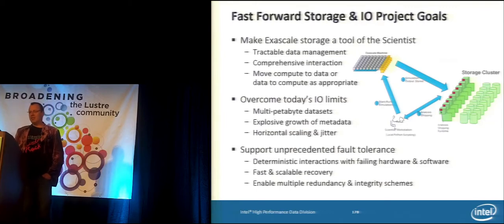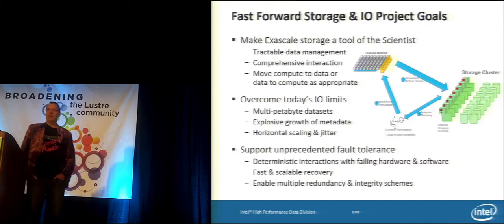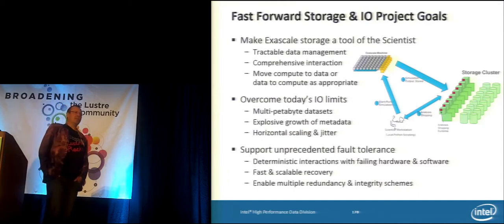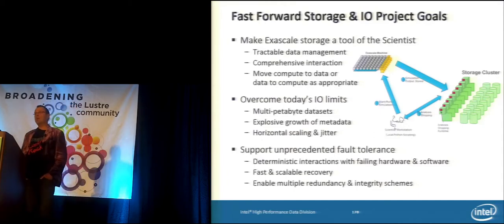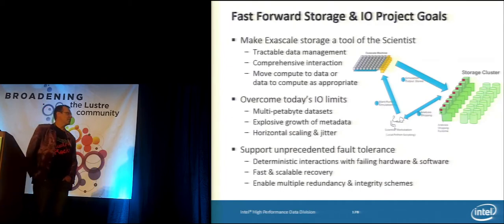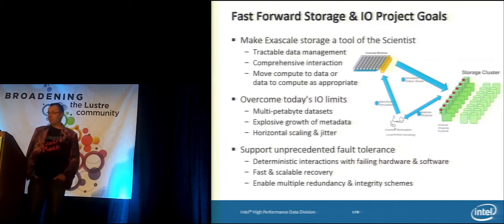So in order to produce a scalable I/O system, we have to find ways of eliminating, or at least ameliorating, these sources of Amdahl's law.